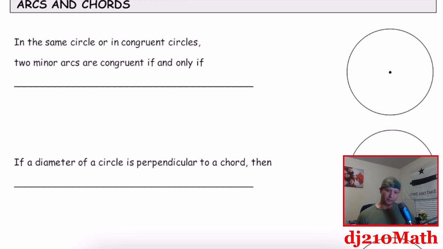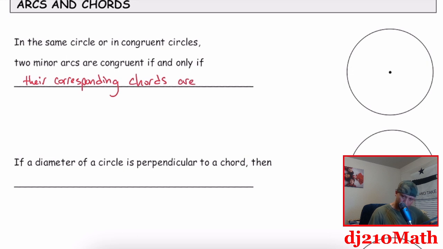In the same circle or in 2 congruent circles, 2 minor arcs are congruent if and only if their corresponding chords are congruent.